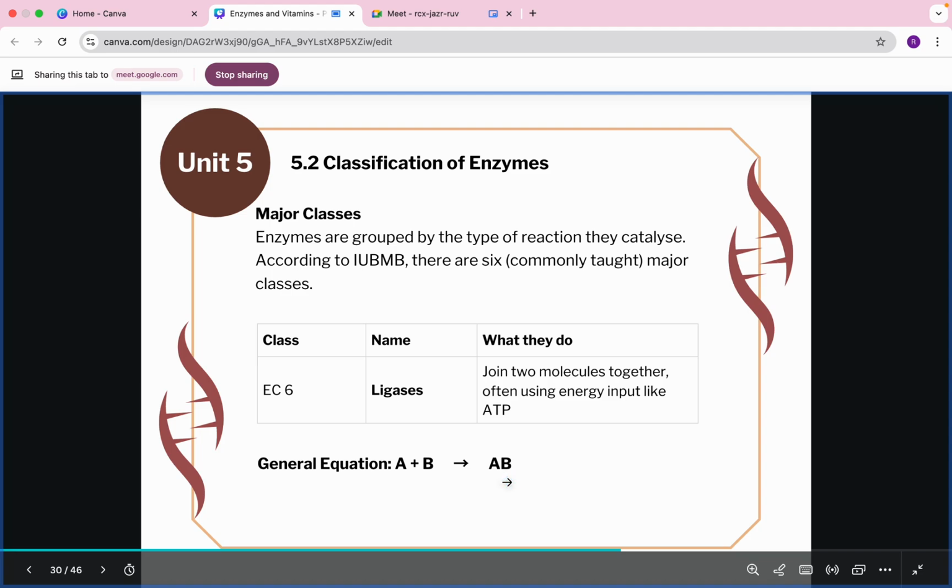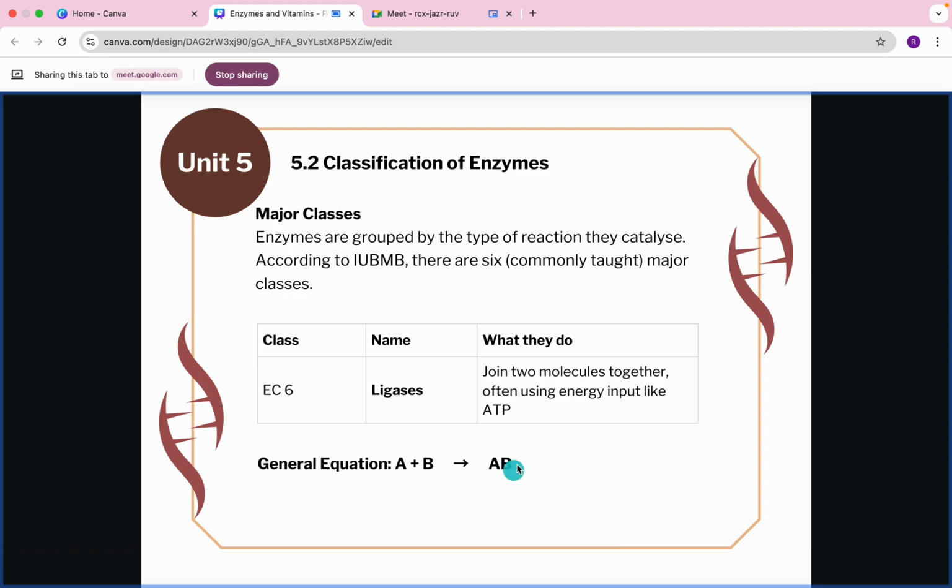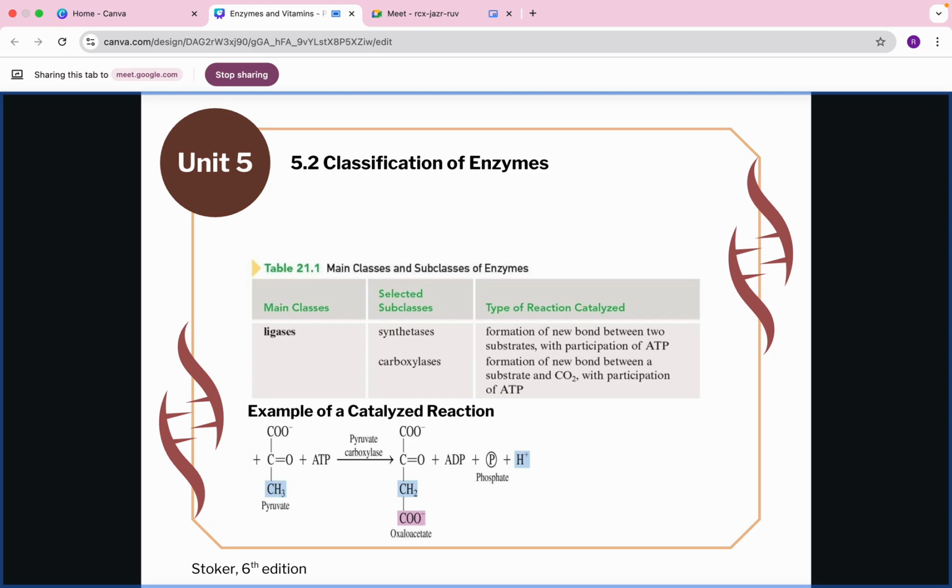So that's its basic representation, and we're down to our last class, wherein we have the EC6 class. Here we have our selected subclasses: synthetase and carboxylases.